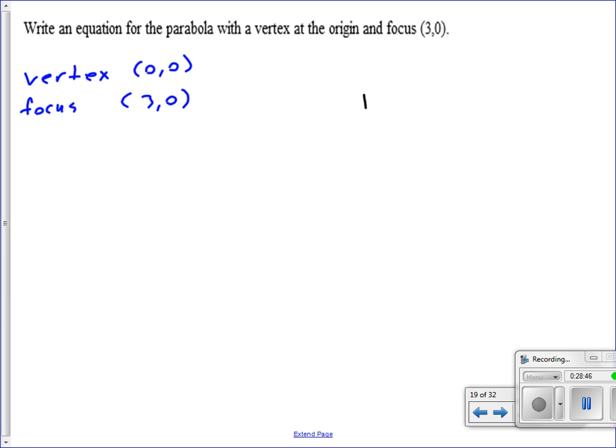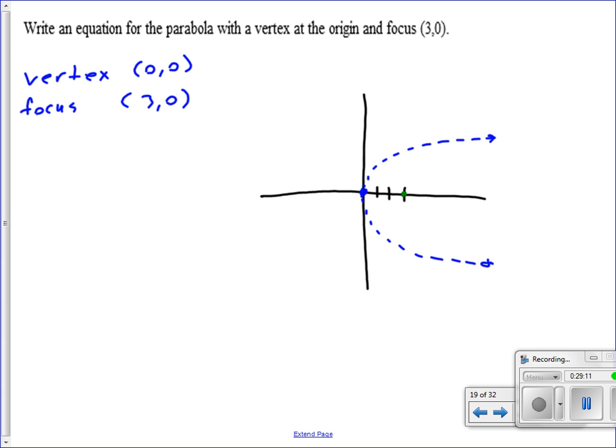If you sketch it, you will. If this is the vertex, and then we've got 1, 2, 3, and this is the focus, and we know the focus has to be inside the parabola, then if we were to sketch this, it's going to look like this.